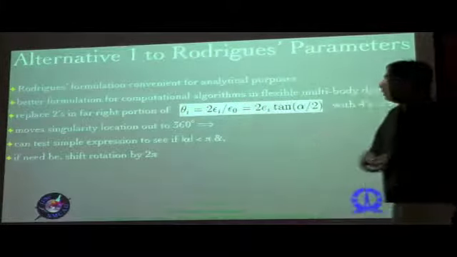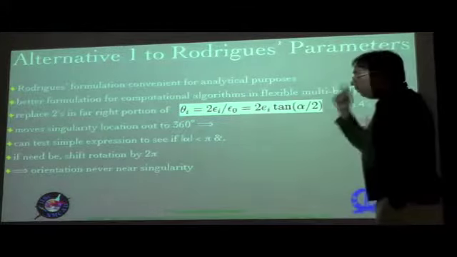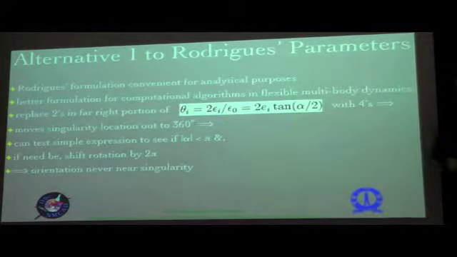So that's basically what you're trying to do. This means the orientation will not reach that singular point, and therefore one of the main disadvantages of that kind of representation is completely avoided.